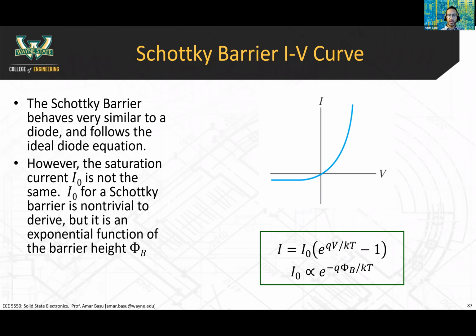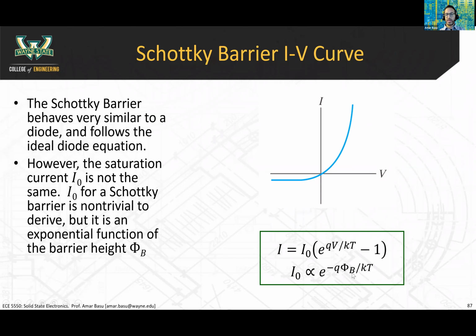In a Schottky barrier, I0 is proportional to the exponential of the barrier height, so it's derived differently. We're not going to cover how that's done in this class. It's non-trivial, but just know that it is an exponential function of the barrier height.